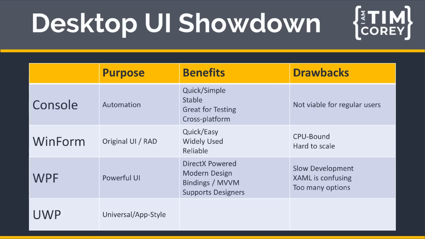So let's talk through the benefits and drawbacks first, and we'll talk through where we are today. So the benefits of UWP applications, they're sandboxed, meaning they don't have access to the system resources directly without asking for them. And even then, there's some restrictions around it. So think about your applications on your phone.